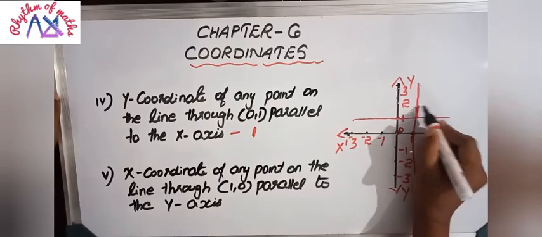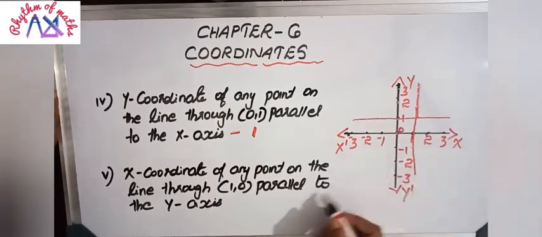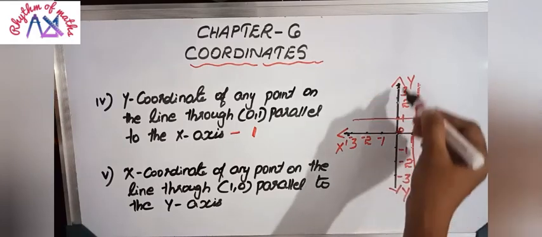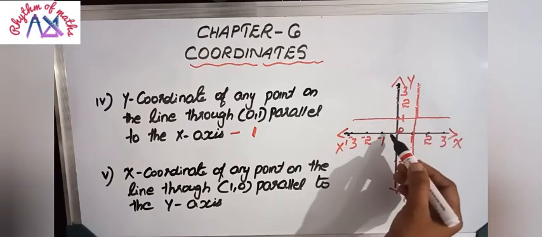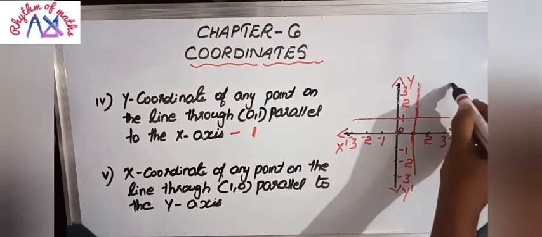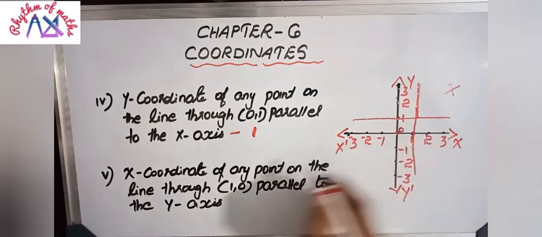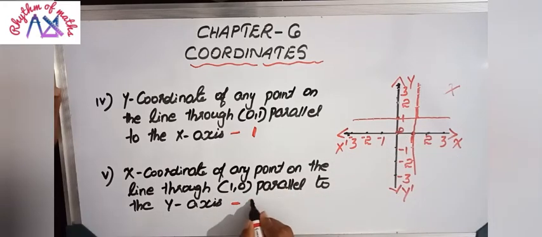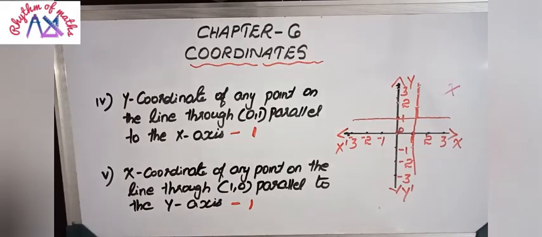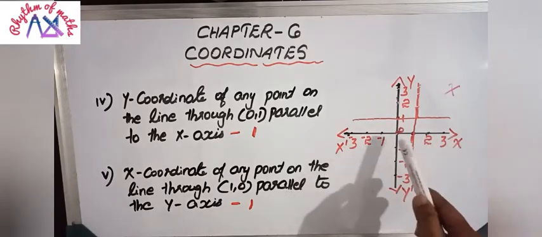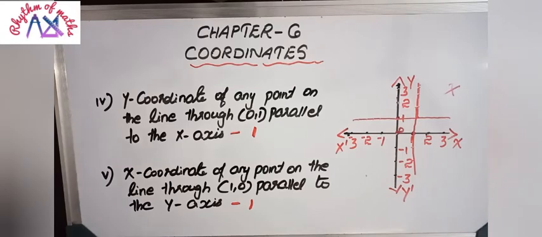It is parallel to the y-axis, and parallel to y means the x coordinate will be the same. So the x coordinate is 1, and the answer is 1. Parallel to the y-axis means the x coordinate is fixed, and parallel to the x-axis means the y coordinate is fixed. So this is the first question's answer.